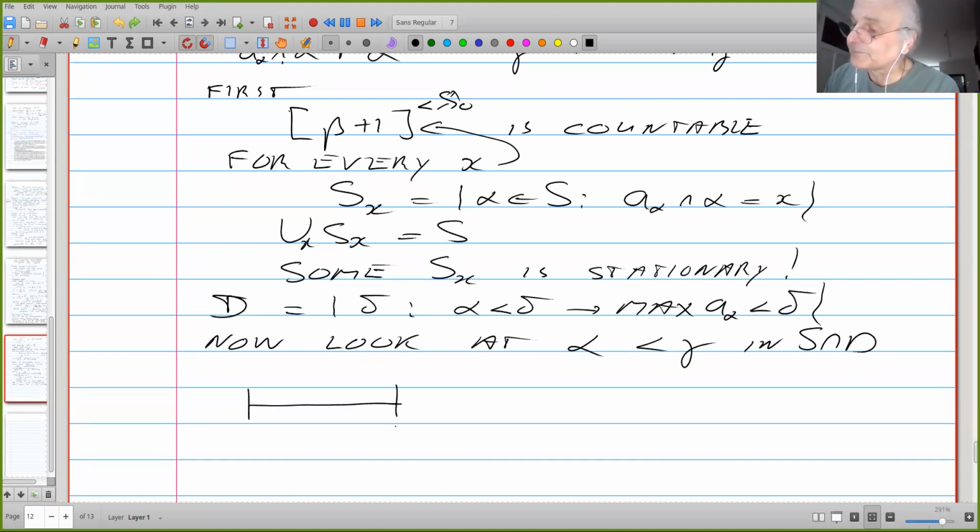We have our X here. We have our alpha here. We have our gamma here.